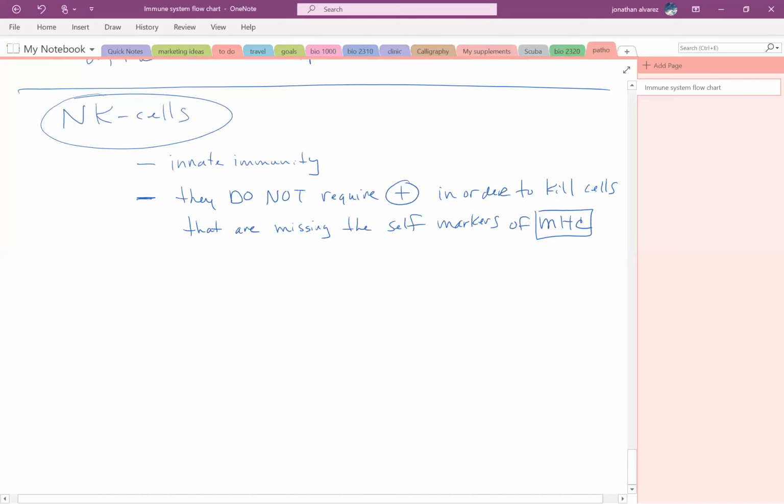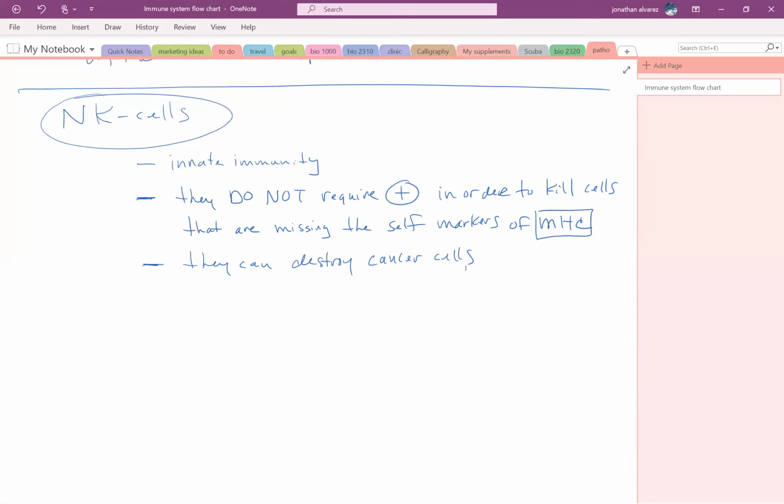All right, so natural killer cells. Okay, they can destroy cancer cells.